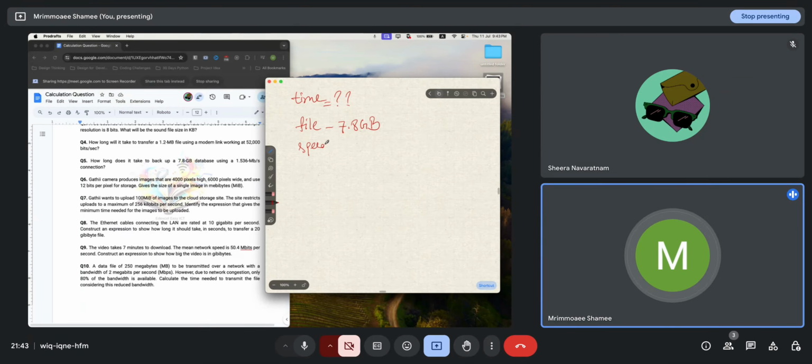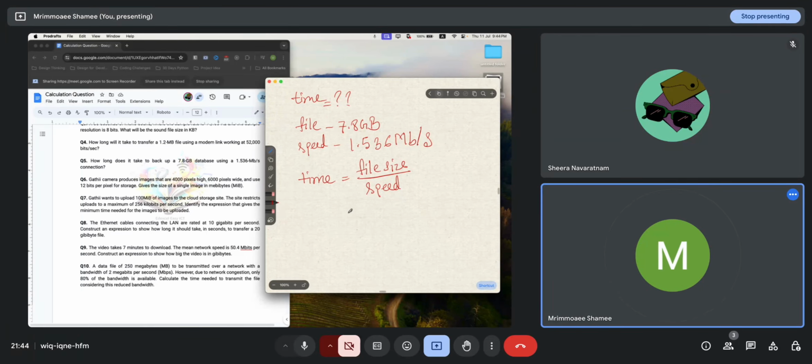So speed is 1.536 megabyte per second. Then we have to calculate the time. So time equals file size divided by speed, because in our formula they mentioned that it is either speed or bandwidth.